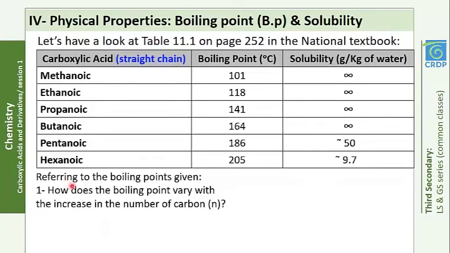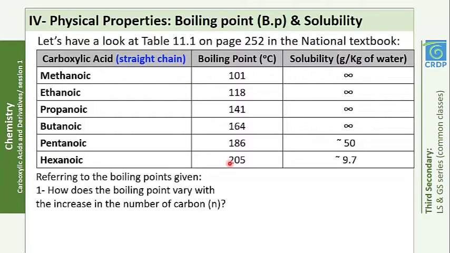above. How does the boiling point vary with the increase in the number of carbon atoms? Notice here, as the number of carbon atoms, or as the length of the carboxylic acid, or as the molecular weight of the carboxylic acid increases, how does the boiling point change?